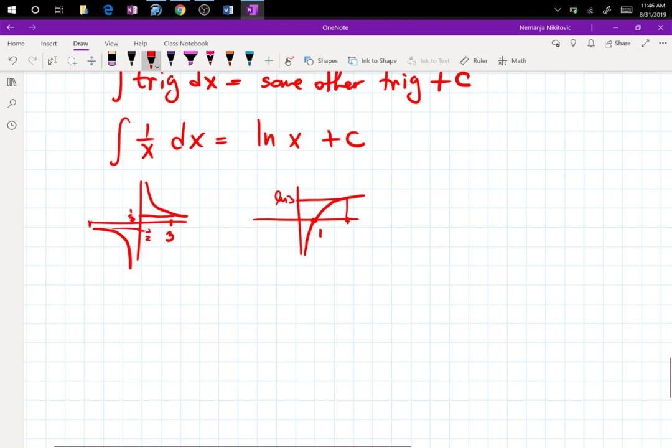But if you put the absolute values here, it creates another branch on the left side. ln absolute value x looks like that. Now, what's the only value you can't use on the right side?